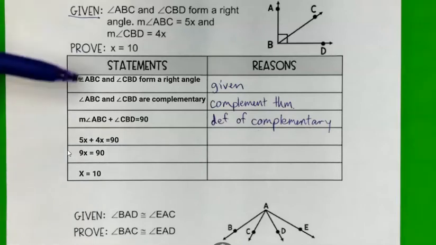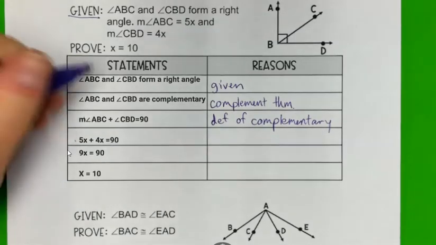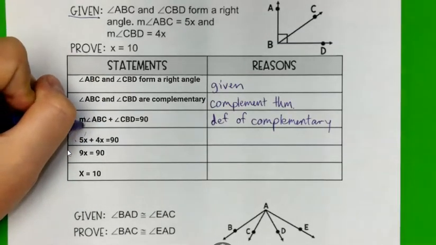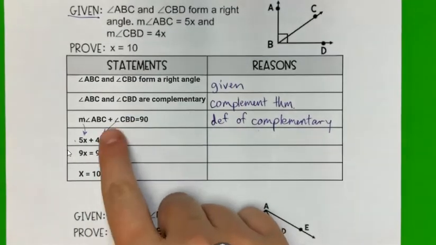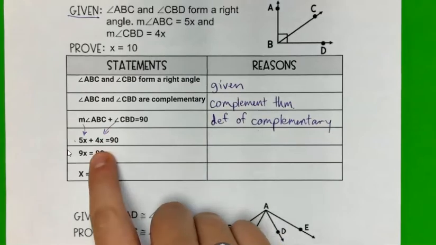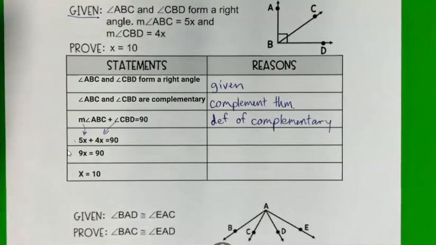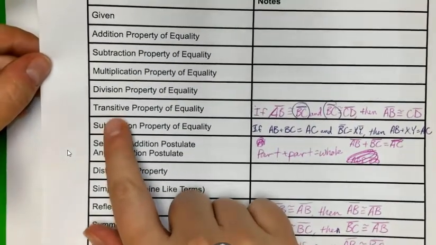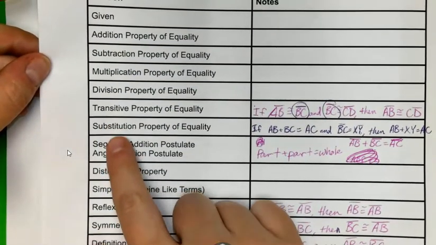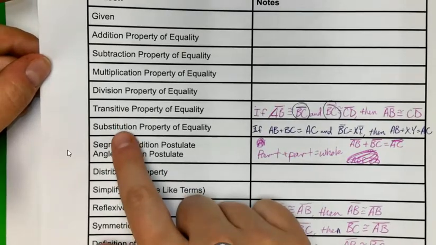And then I want you to notice what's going from here to here. So somehow we've got to figure out how this angle goes from angle ABC to its actual value of 5x, and then CBD goes to 4x. If we look up here in the given, that is given to us. All right. So remember, we've got this transitive and substitution property that are easily mixed up.